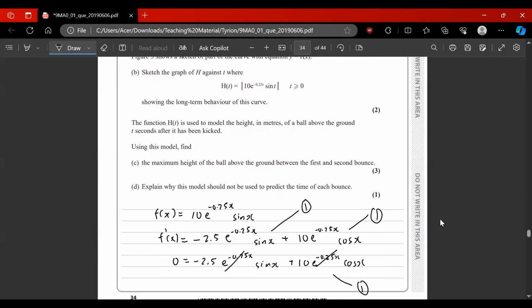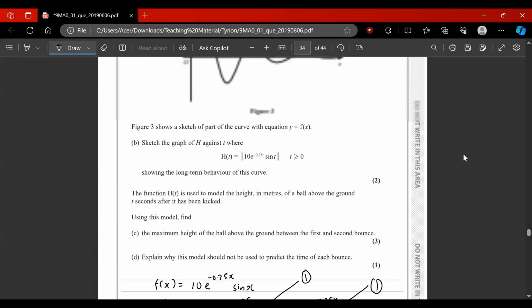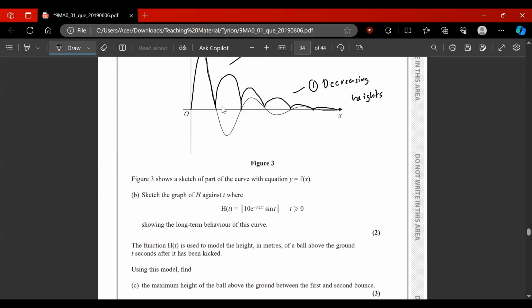The function h(t) is used to model the height in meters of a ball above the ground t seconds after it has been kicked. Using this model, find the maximum height of the ball above the ground between the first and second bounces. So for this, we know that at the maximum point, the derivative is equal to 0.